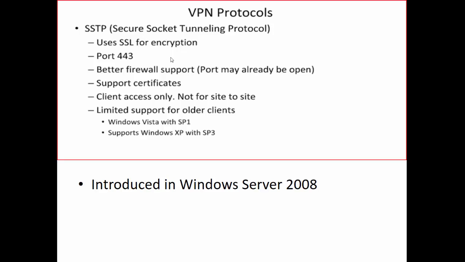So what kinds of applications or servers will already be using that in your environment? Exchange server would already be using that, right? If you have ADFS or any other services that are serving outside users as well, you would be using 443 already. So it supports certificates as well.